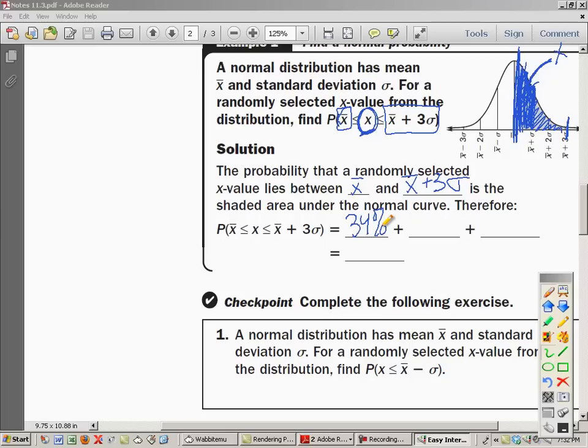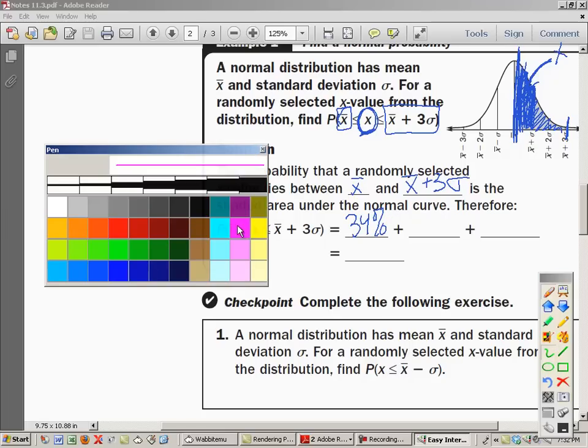The probability that it's in, I'll change pen colors here, this color, in this area right here, that's another 13.5%. And then the probability that it's in this region over here, according to our chart, was 2.35%.